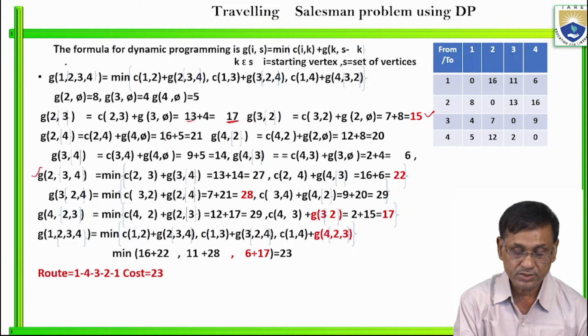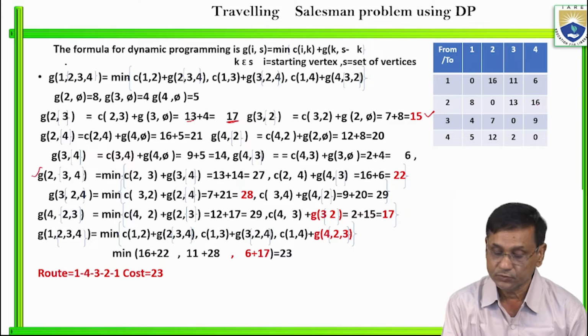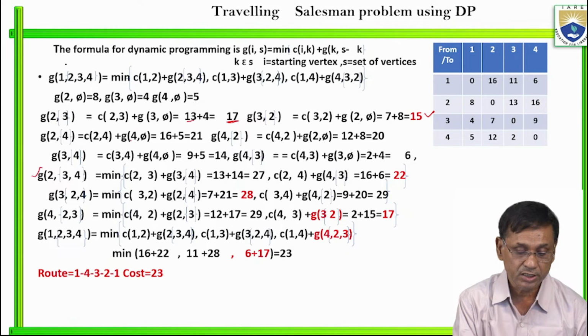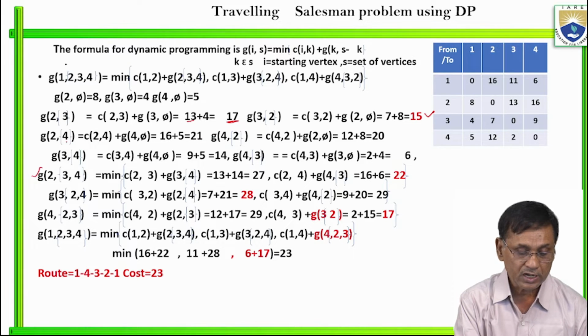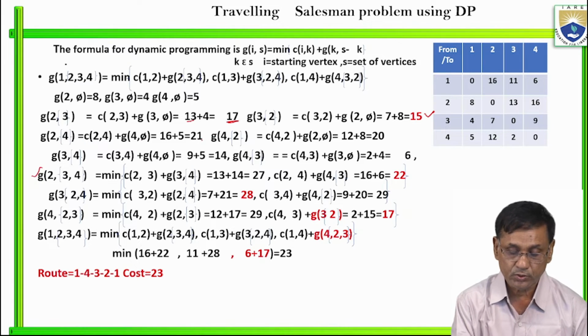C of 2 to 4 is 16 and G of 4 to 1 is 5. 16 plus 5 is 21. So G of 2 comma {4} is equal to 21.